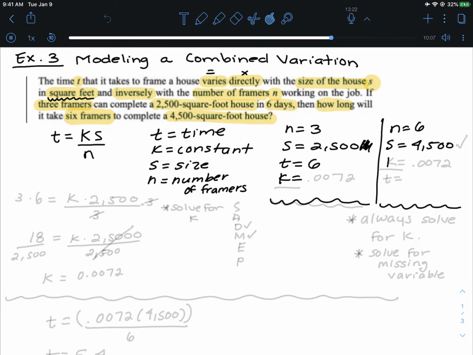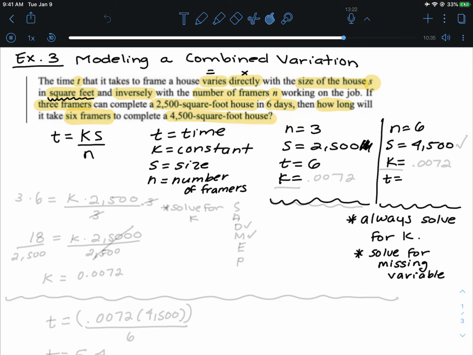Okay, and once again, know that you still don't know what k is. So basically the first step is to always solve for k. That will be your first step, and then the second step is to solve for the missing variable in the second half.